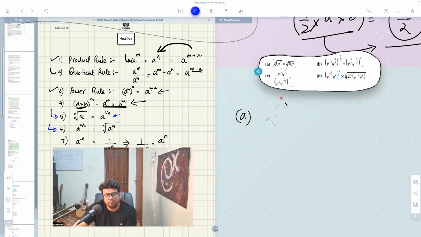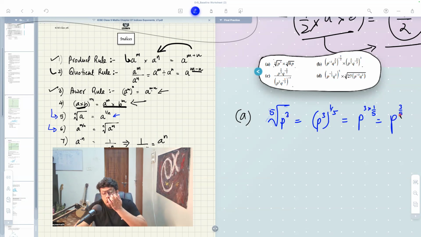Fifth root of p cube is p cube to the power of 1 by 5. And now the power rule, 3 into 1 by 5, that becomes p to the power of 3 over 5. There it is, and that's your first part there.